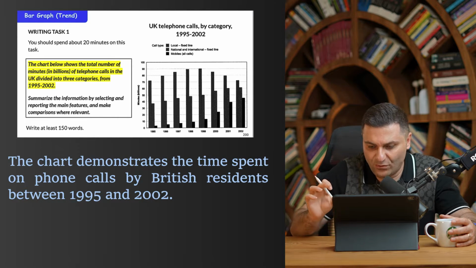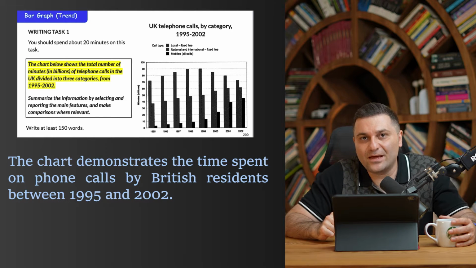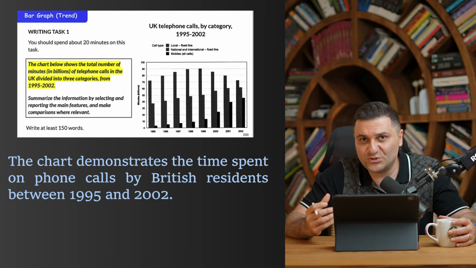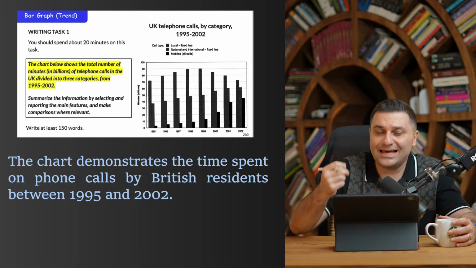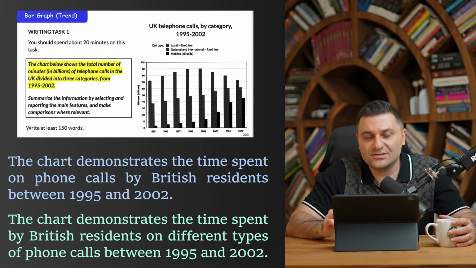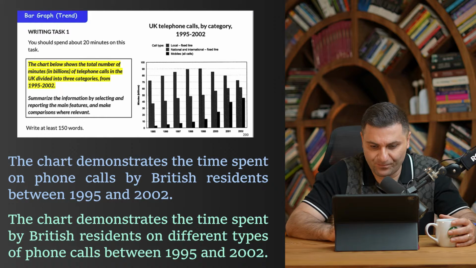So "on phone calls" can be included before the date, before "between 1995." And our opening sentence will be something like this. The chart demonstrates the time spent by British residents on different types of phone calls between 1995 and 2002.